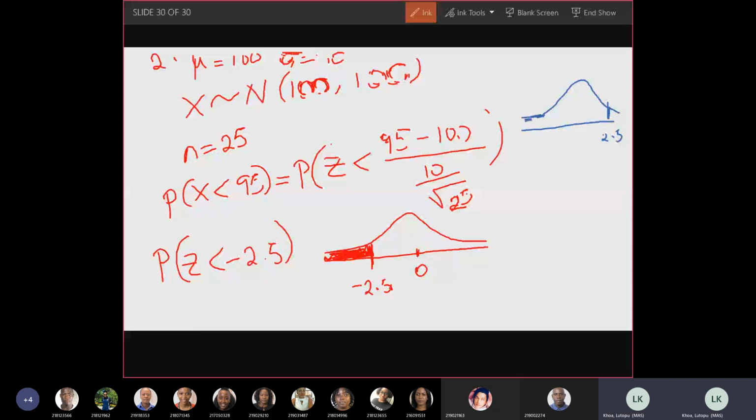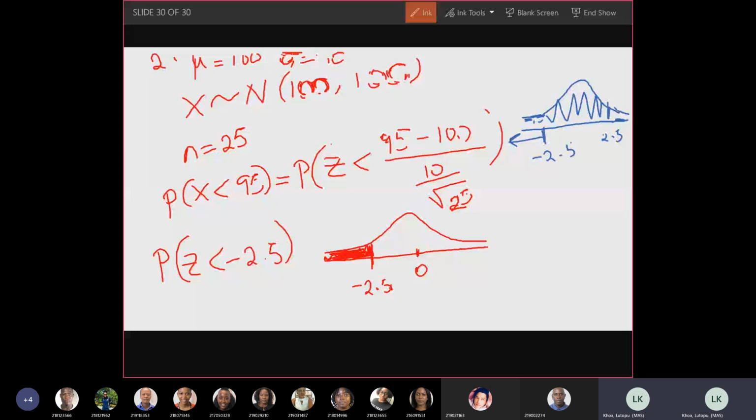This is the area that my table is giving me, but that's not what I want. I want the area from here going that way. Now, the area from negative 2.5 to infinity is actually the same as the unshaded area over there.